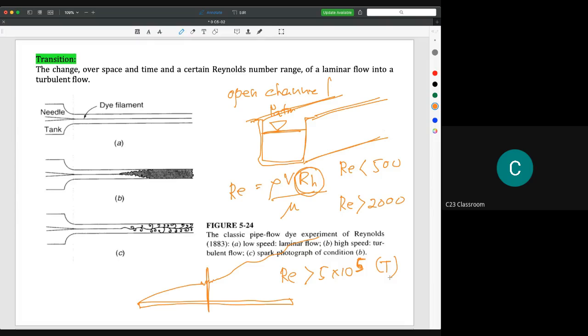And the equation to calculate the Reynolds number for a flat plate like this one is Reynolds number equal to rho v L over mu, where L here is the length of the plate, or the x-axis here. In certain textbooks, they will write it as rho v x over mu.